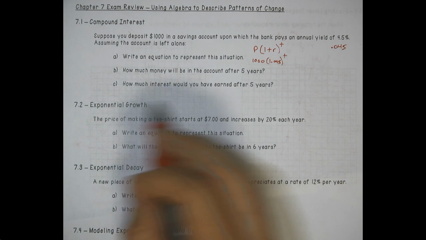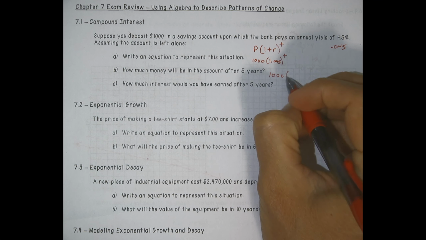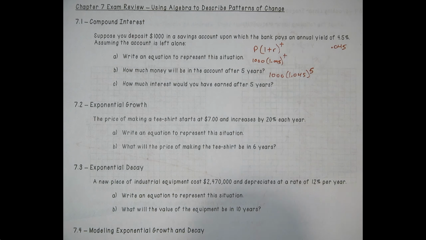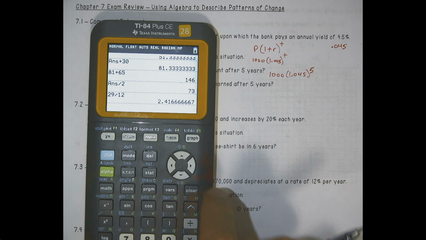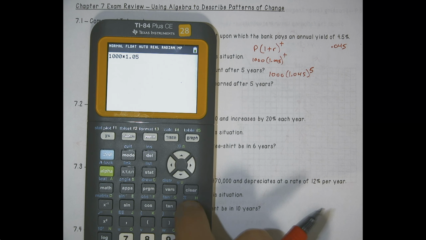So for part B, how much money will be in the account after 5 years? All we have to do is plug in 5 for t. So if we run this, 1,000 times 1.045 raised to the 5th.